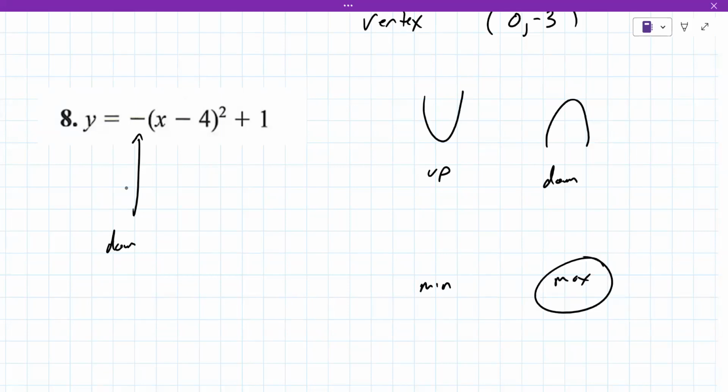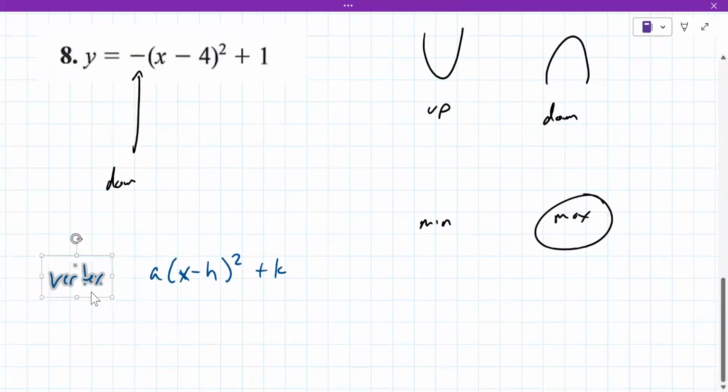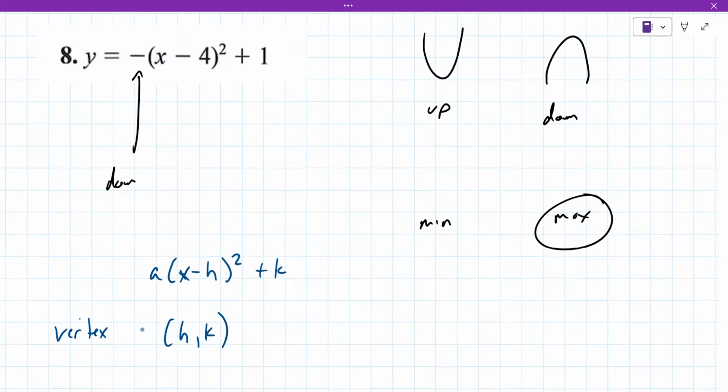Very good. Now this one is in a different type of form than the previous one. To find the vertex, it's already in what's called vertex form: x minus h squared plus k. And the vertex is h comma k. Does that look familiar to you?